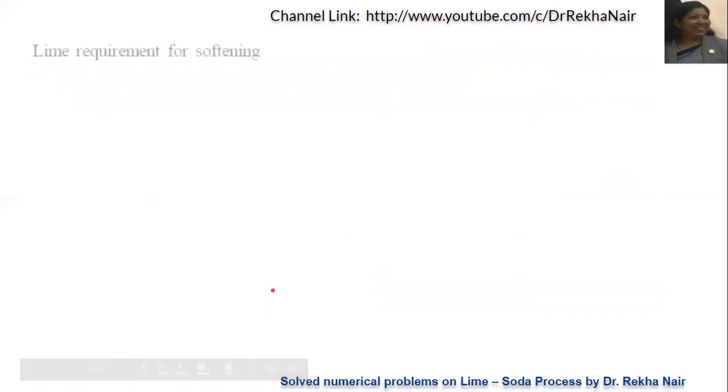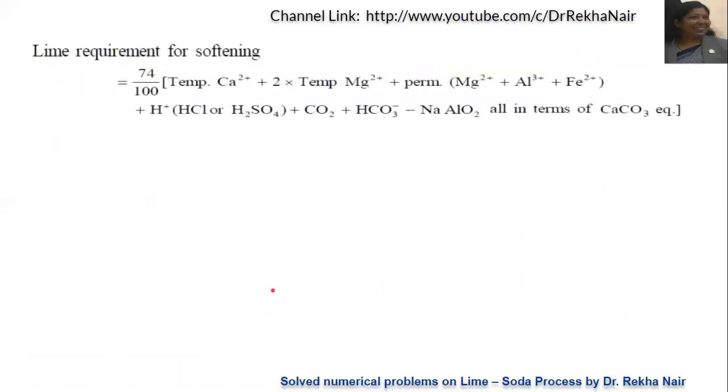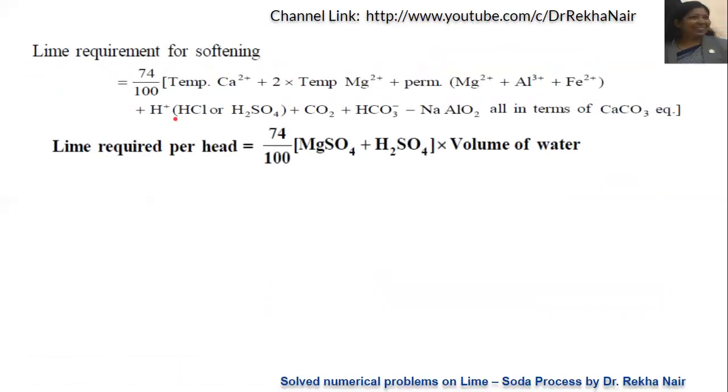We can put everything in the formula of lime as discussed earlier also. The temporary calcium is not given. Temporary magnesium is also not given. Permanent magnesium is given as magnesium sulfate. Aluminum, iron both are absent. H plus is given as H2SO4, so we can put that, and all other constituents are absent.